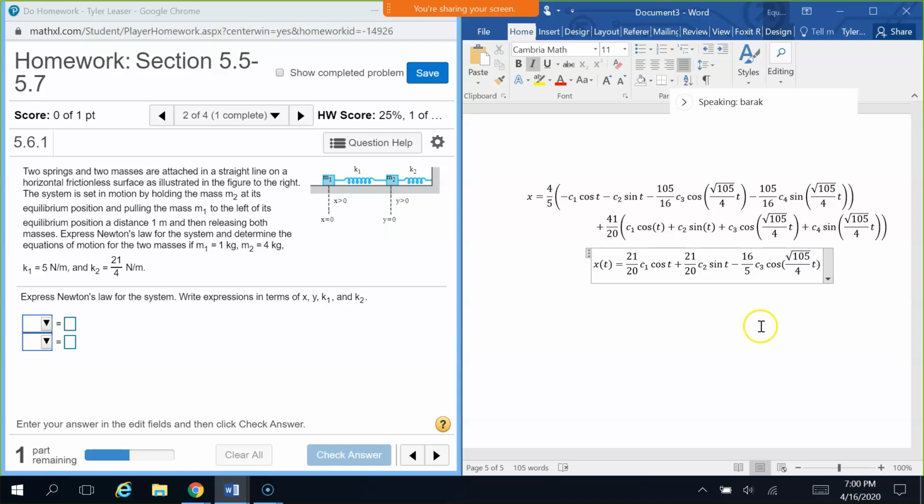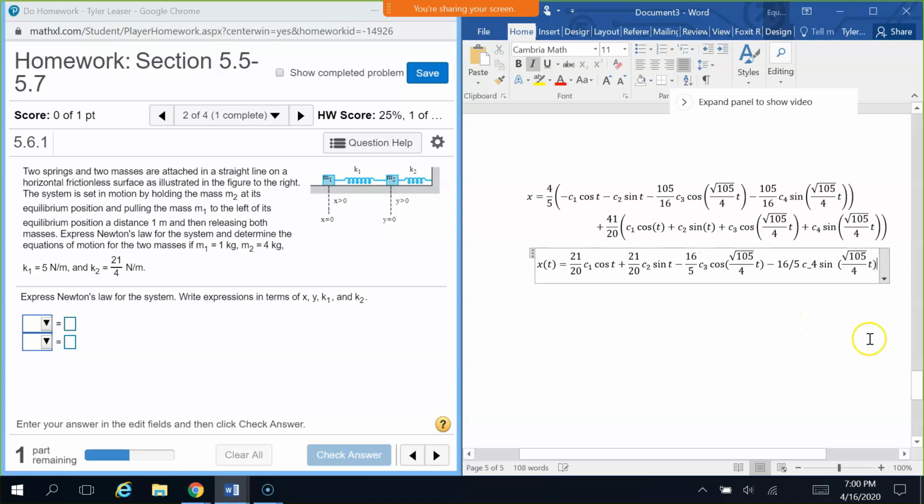All right, and the other one should be pretty much the same thing. So also negative 16/5, but C4 sine of the square root 105/4 t. Okay. Whew, and there's x. We did it.